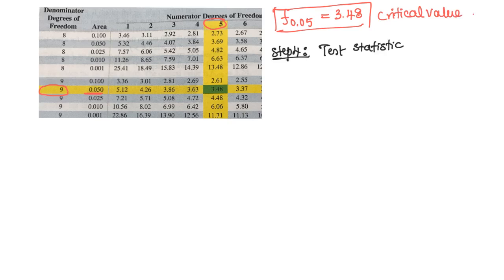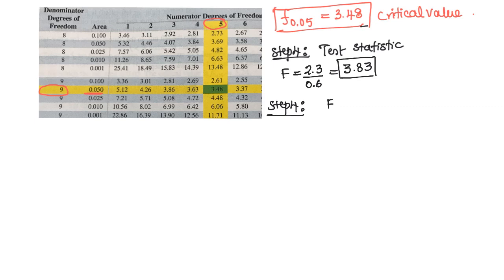Now find the test statistic. The test statistic F is the largest sample variance divided by the smaller sample variance, that is 2.3 over 0.6, so 3.83. So this is the test statistic F. Now step 4, determine whether to reject the null hypothesis or not.